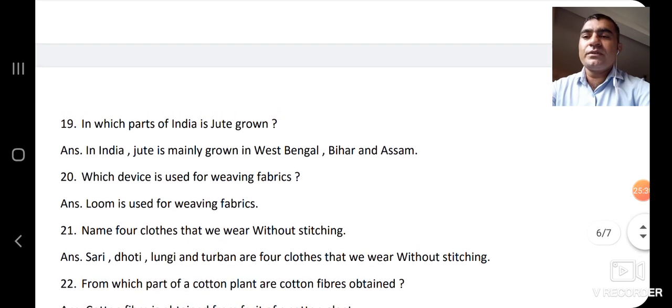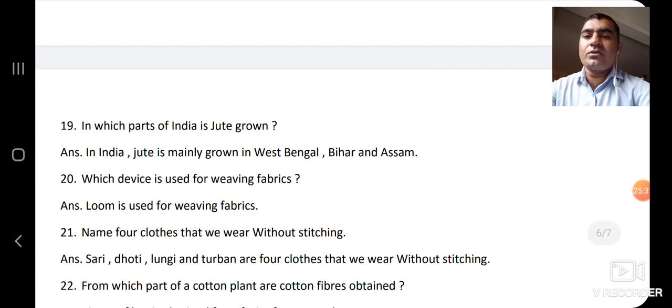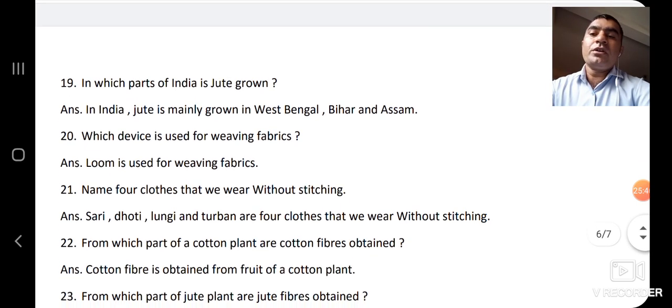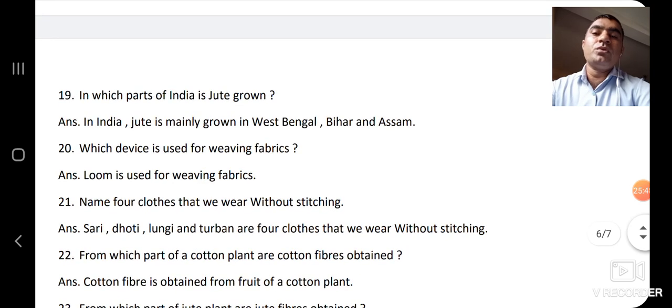The next question is, from which part of cotton plant are cotton fibers obtained? So cotton fibers are obtained from the fruit of a cotton plant. It is obtained from the fruit.